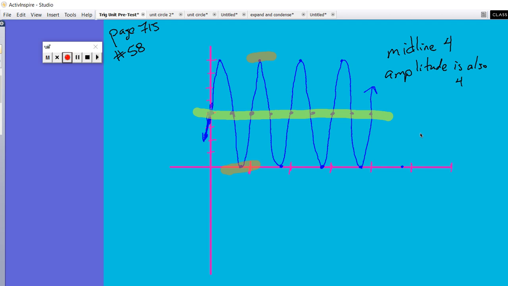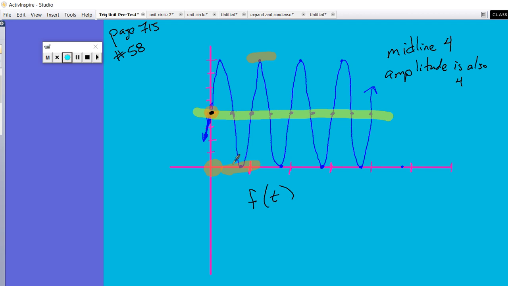Now, at 0, my graph is on the midline at time 0. That is a sine wave. So whenever we're at 0 and the graph is on the midline, then we know that it's a sine wave.